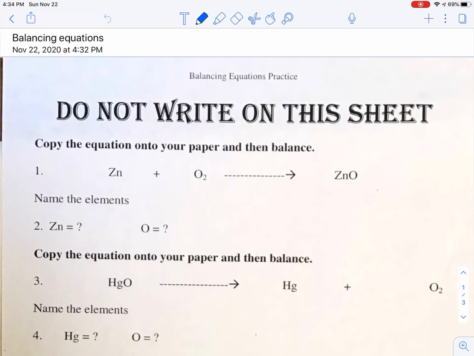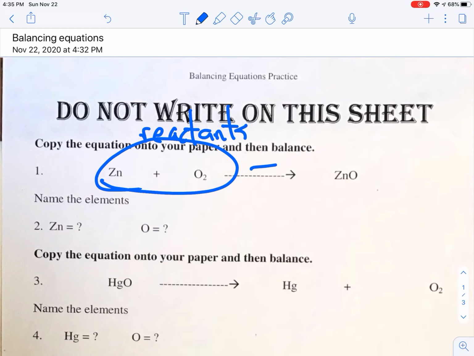So what we're going to do today is introduce balancing chemical equations. It's one of the final things we're going to do, so then when we get back together, we'll be able to do our big chemistry lab. What you're trying to do is make the left side of the equation, called the reactants, equal the right side of the equation, called the products.